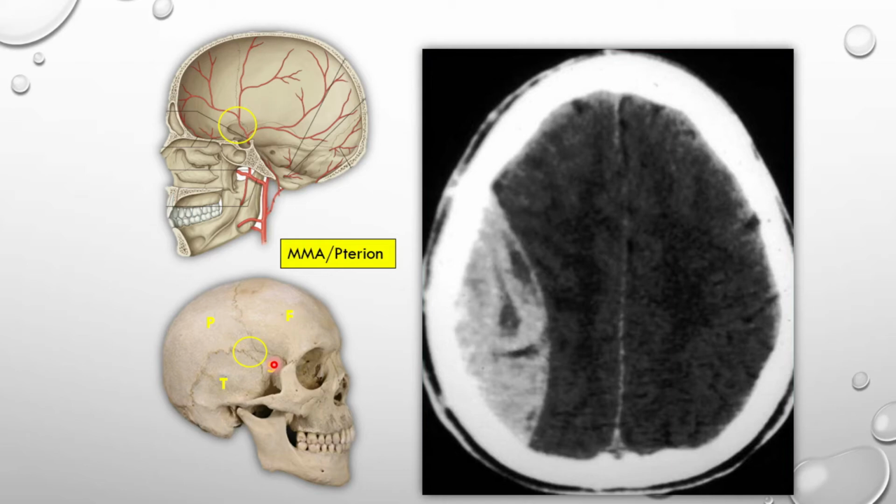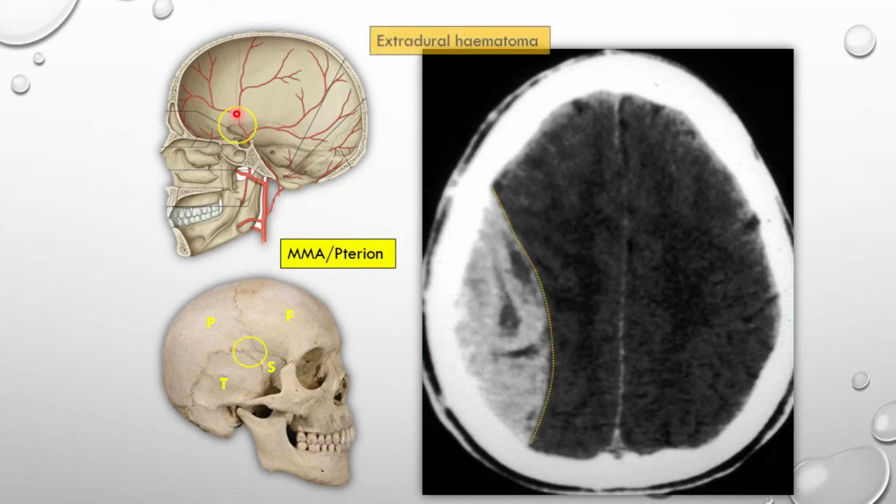And it just so happens, unfortunately, that running right behind the pterion internally, so here's the pterion inside the circle, and as the middle meningeal artery enters through the foramen spinosum, which is just where I'm highlighting now, it then runs straight across the internal aspect of the pterion.